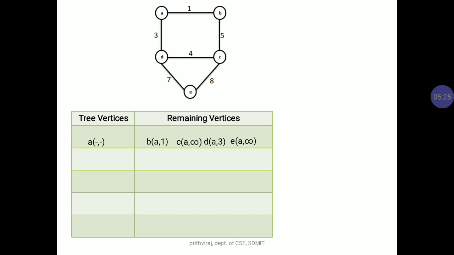Next, from the remaining vertices, we have to choose a vertex or an edge such that the cost is minimum. Looking at the remaining vertices, B of A comma 1 is the minimum weight among all, because the other weights are infinity, 3 and infinity.